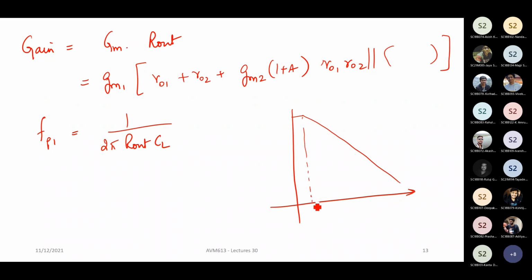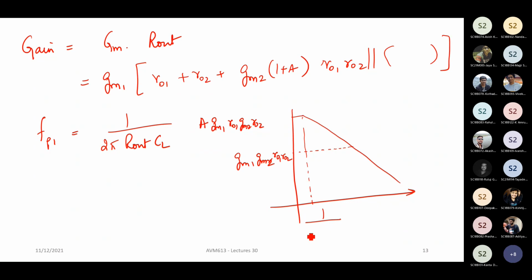So the gain here is approximately given by A times GM1 times R01 GM2 R02, right? If you had a normal cascode, you would have approximately GM1 times GM2 times R01 R02.